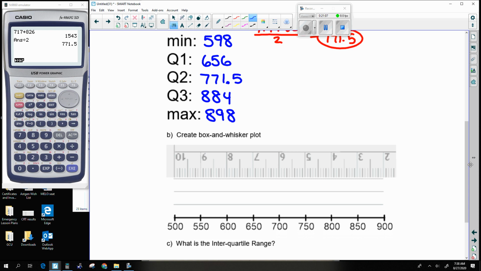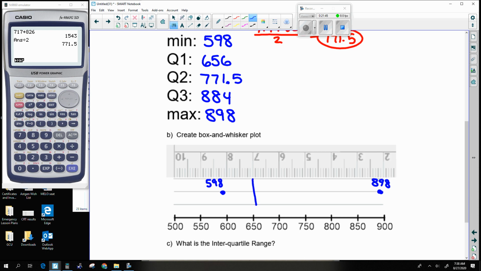To the box and whiskers itself. So the minimum gets a dot, so that's at 598, just a little bit shy of the 600. Again, don't forget to label your dots and lines. 898 is way up by the 900, just a little bit short of the 900. And then I have a 656, just a little bit above the 650.